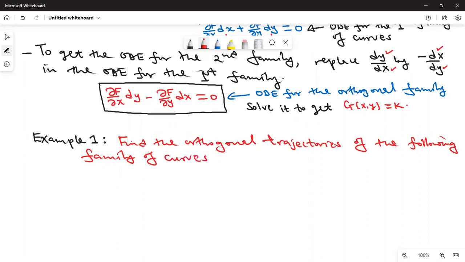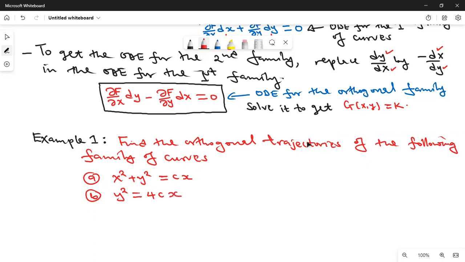In part A, we have x squared plus y squared is equal to cx. And in part B, we have y squared is equal to 4c times x.